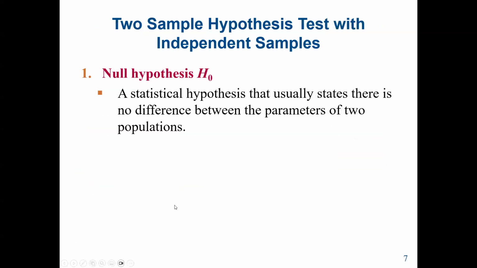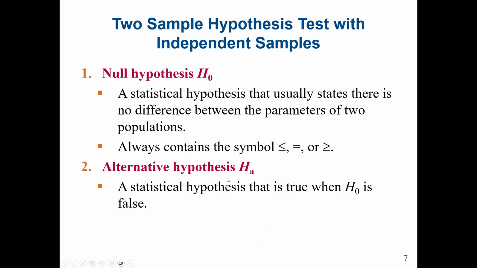Now, anytime we are doing hypothesis testing, the first thing we start with is stating the null hypothesis and also the alternative. Sometimes we may use the term the claim for the null hypothesis. The null hypothesis usually states there is no difference between the parameters of the two populations, and always contains one of the following symbols: less than or equal, equal, or greater than or equal.